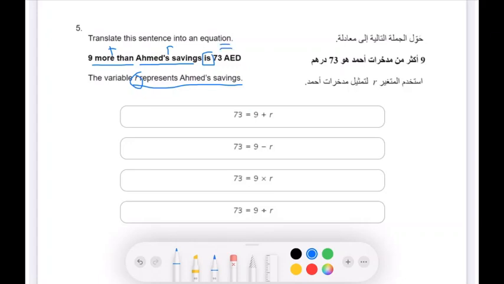So let's write this expression: 9 plus R, Ahmed's savings, is 73 dirhams. Is, which is the equal sign, 73 dirhams. Which one is it? It's the first one.